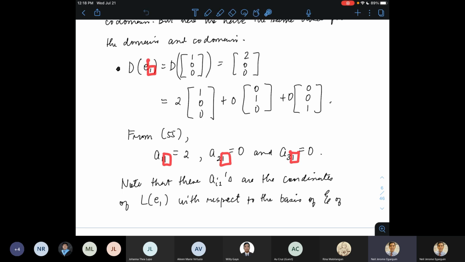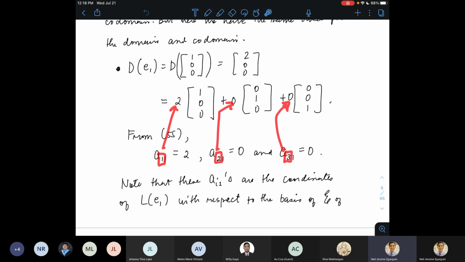So I am dealing with the first basis element for the domain. That's why the second index in these AIJs is equal to 1. And then the first indices here, 1, 2, 3, represent which scalar it is in the representation of the image with respect to the basis of the codomain.